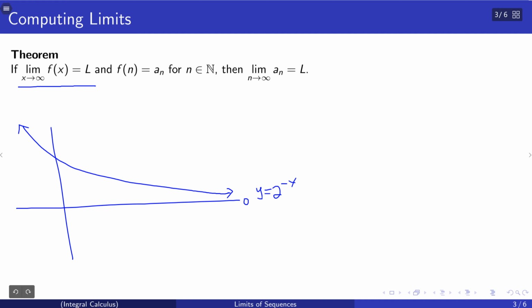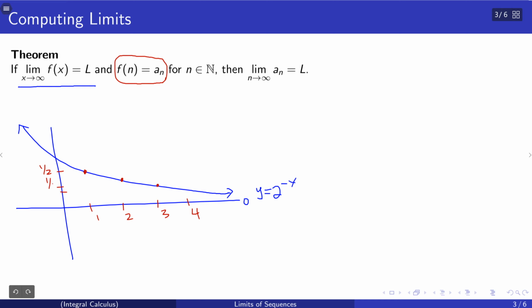Well, if we define a sequence such that it matches with a function on all the natural numbers, what does that mean? Remember that to graph the sequence, it's just basically plotting points, where you're plotting them at n equals 1, n equals 2, n equals 3, and so on. So that's 1/2, that's 1 over 4, that's 1 over 16.